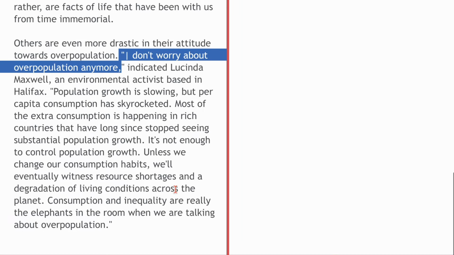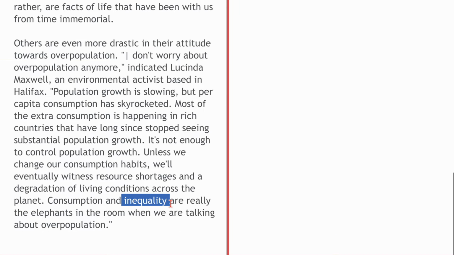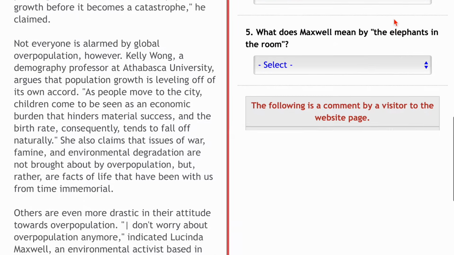She does mention inequality in the end, but she didn't really mention how that inequality affects or why richer or bigger nations cause inequality.